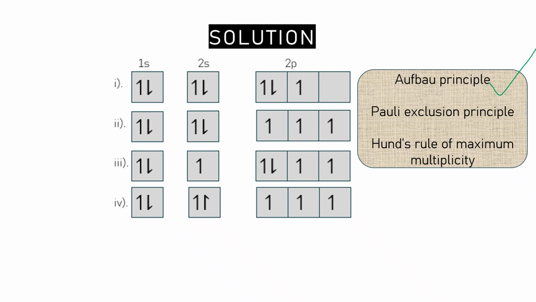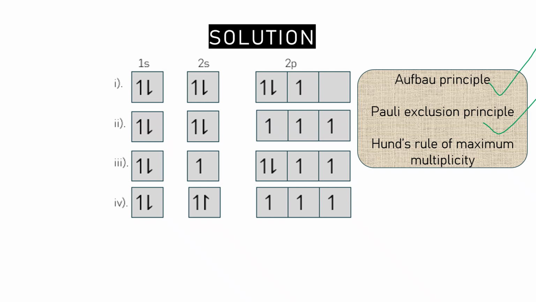Now for Pauli's exclusion principle, the electrons in the same orbital have opposite spins, so Pauli's exclusion principle is also obeyed. Now let's look at Hund's rule of maximum multiplicity. It says that degenerate orbitals are first filled singly with parallel spins before pairing up with opposite spins begins.